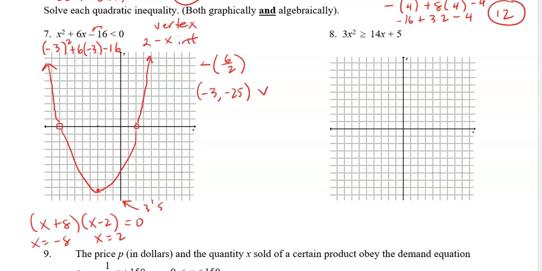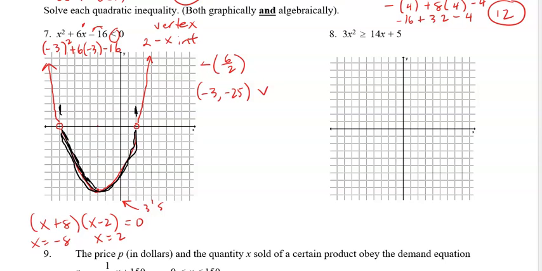All right, so now what this is saying is what part of this parabola lies below the x-axis. Well, the part that lies below the x-axis is this part. And we want to know what are the x-coordinates from that part? Well, those are the x-coordinates that are between -8 and +2.